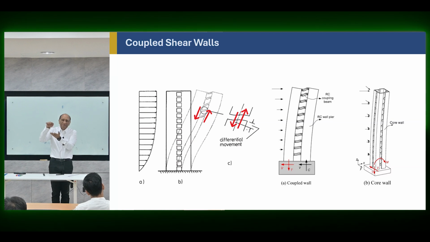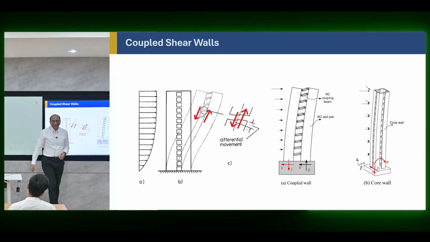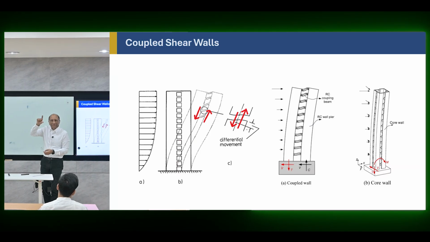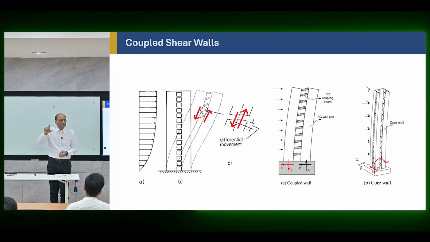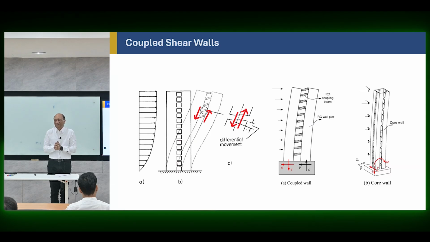In fact, there is no way sometimes to increase the size enough for capacity until you actually make it solid and no room is left between them, because every time you increase the size, the stiffness becomes large and they attract more force, and you have to design bigger, and then you end up with an impossible situation where the coupling beams cannot be increased in size because of the headroom for the passing.